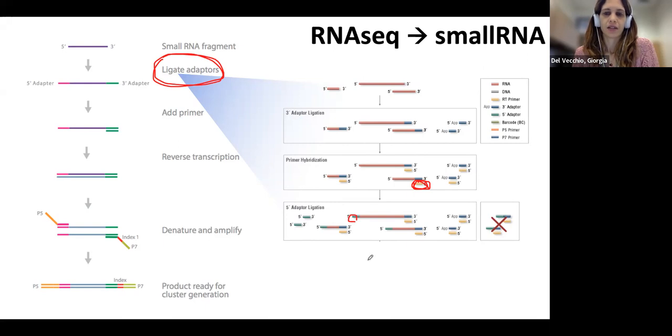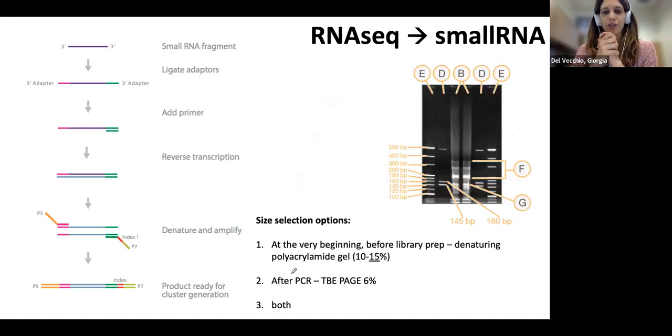and the library prep. Now that we have the DNA, we can have the PCR introducing the index and the P5 and P7 information. But since it's small RNA, 20-25 bases long on average, the main issue here becomes to size select the small RNA libraries.